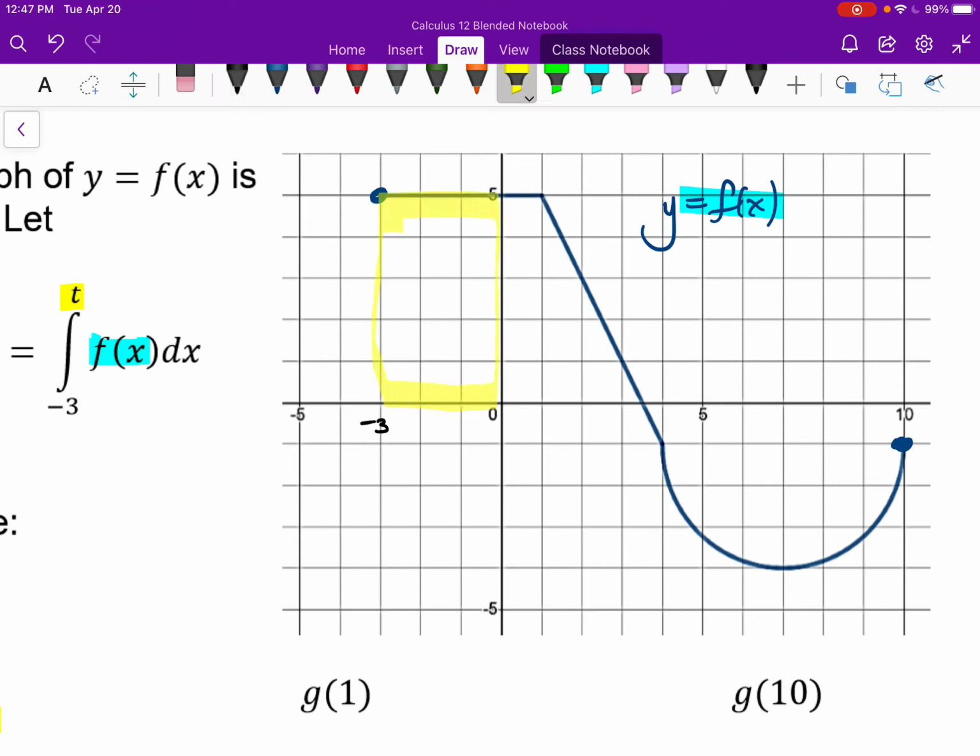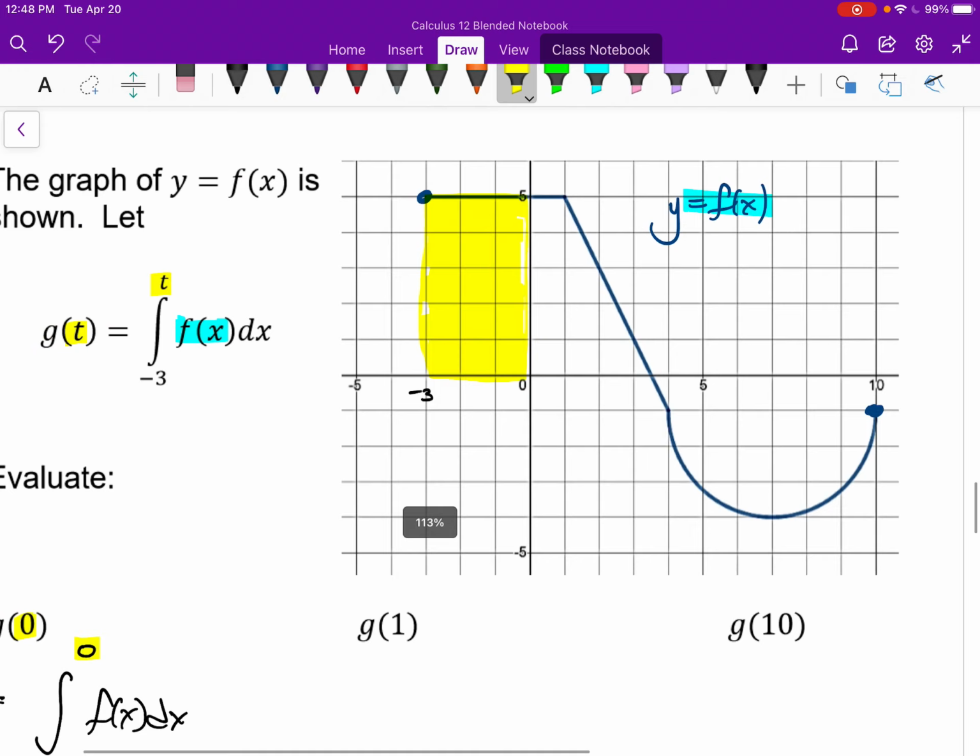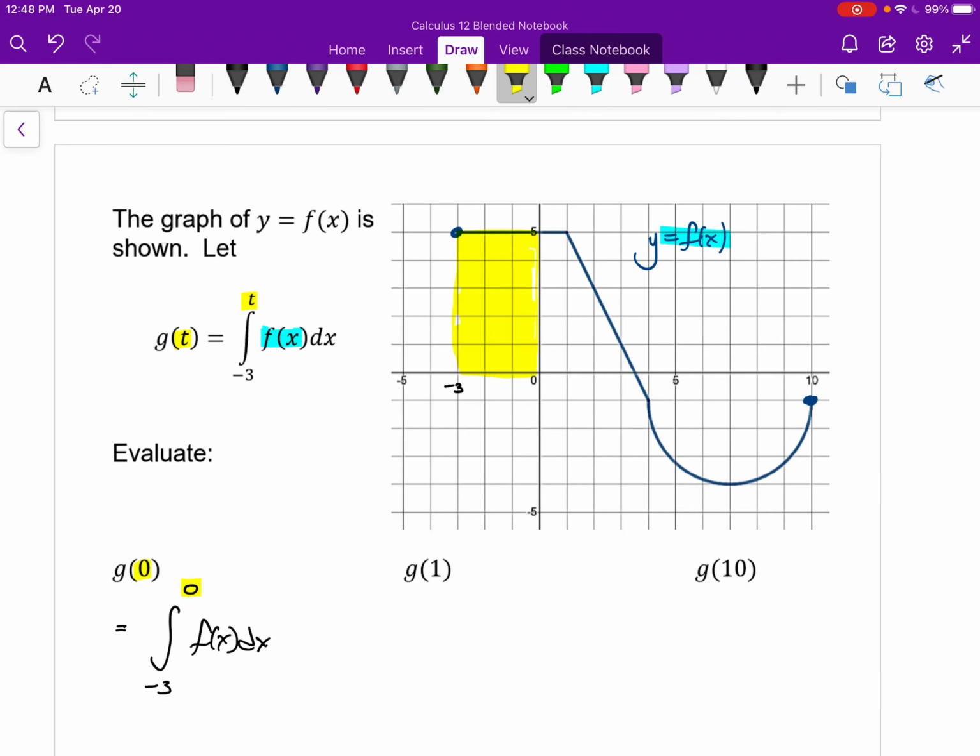That's what we have to figure out. Again, the hard part is not calculating the area of that. The hard part is understanding what all this means. And that's what's being described here. G at 0 represents the integral from -3 up to 0, this time, of this curve f of x. And so if I look at this, I can just see right away, that's 3 times 5, that's 15. So this g at 0 equals 15.